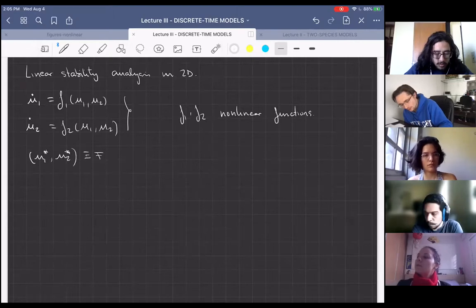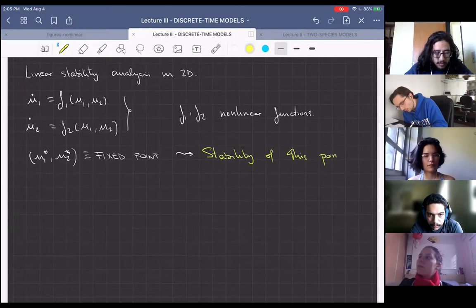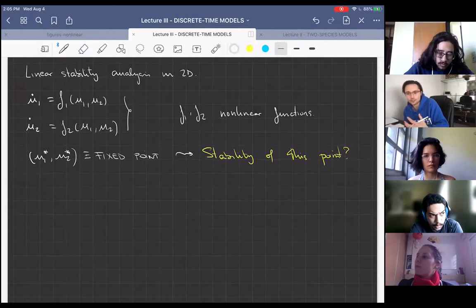This is going to be the general way for us to write a fixed point. And the question that we now have is the stability of this point. Or in a more general way, we want to know the behavior of the system around this point, if you don't want to use the jargon of dynamical systems. So how is the population going to behave when we are nearby that point?